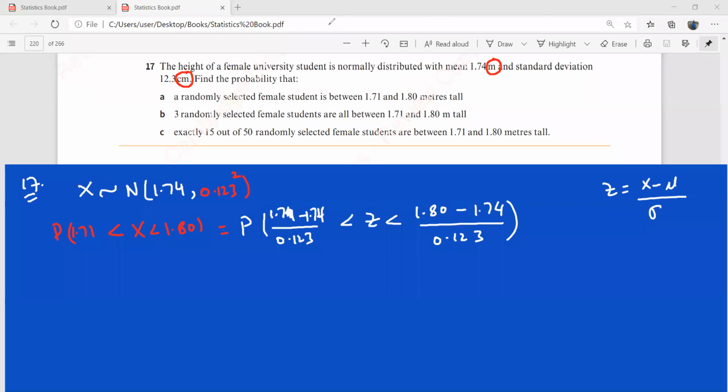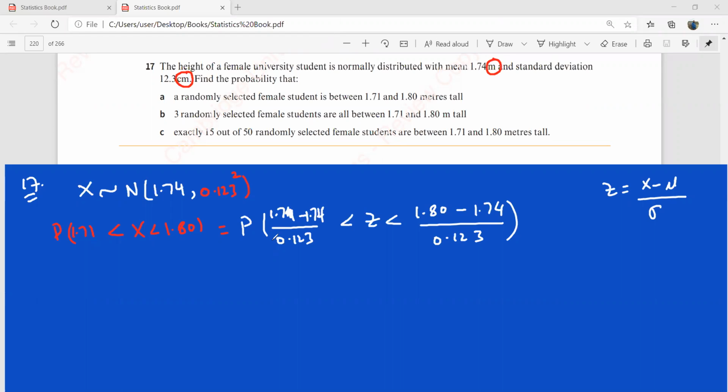Okay, so let's use the calculator next. So this is 1.71 minus 1.74 divided by 0.123.